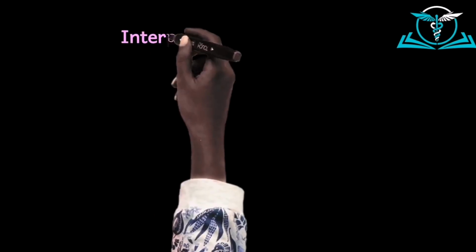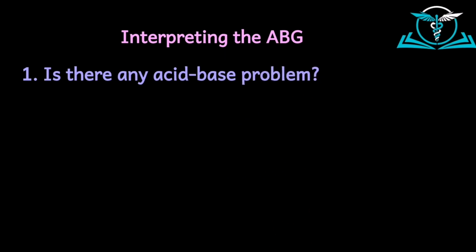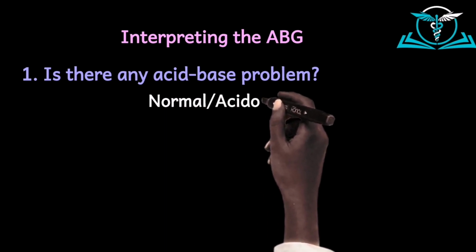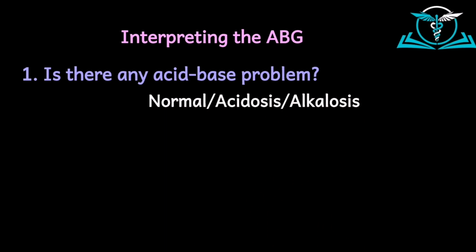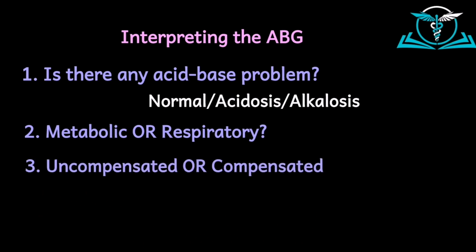Now, what is our primary duty when interpreting the ABG? The first thing to do is to ask, is there any acid-base problem? In other words, is the patient's acid-base status normal, or is there acidosis or alkalosis? Next, if there is an acid-base problem, you want to know whether it is metabolic or respiratory in origin. After identifying the origin, you want to know if the problem is an uncompensated or a compensated acid-base problem.